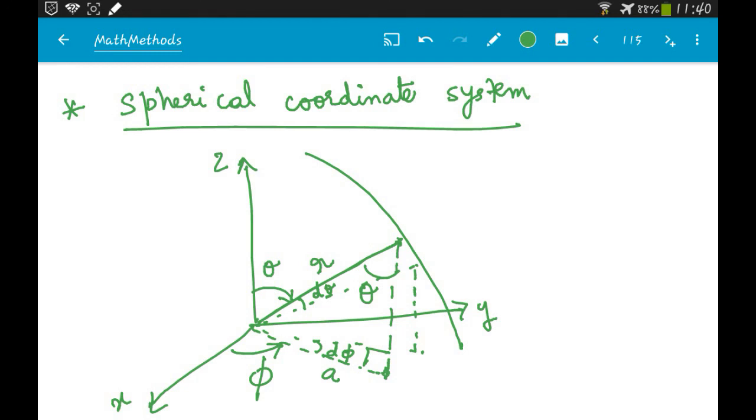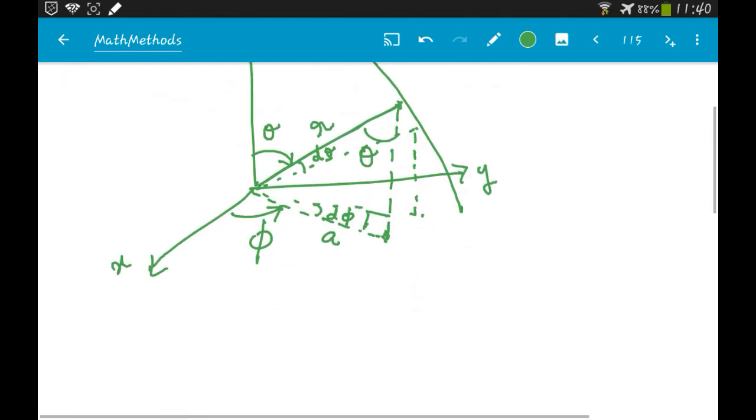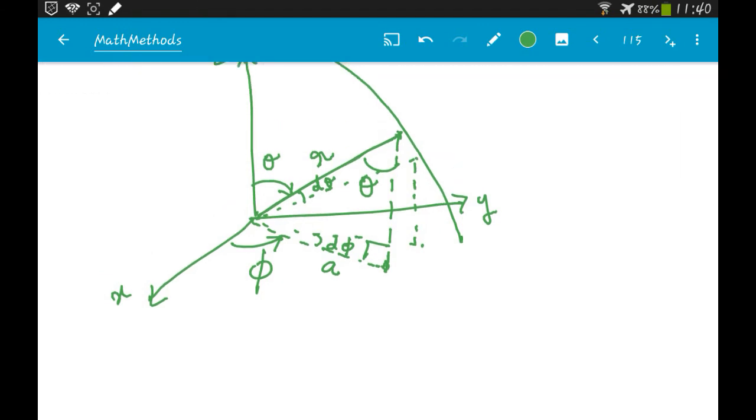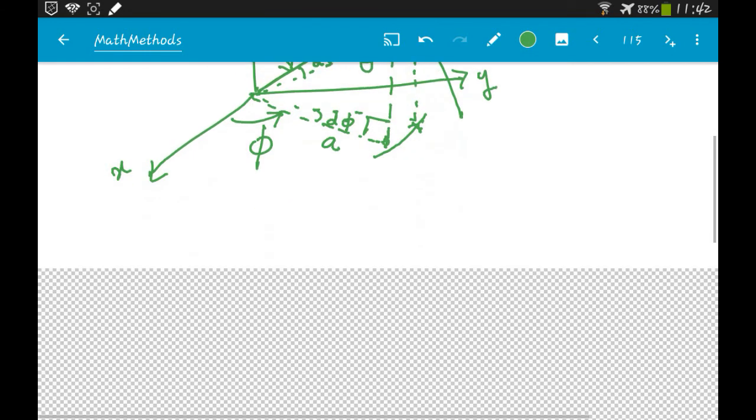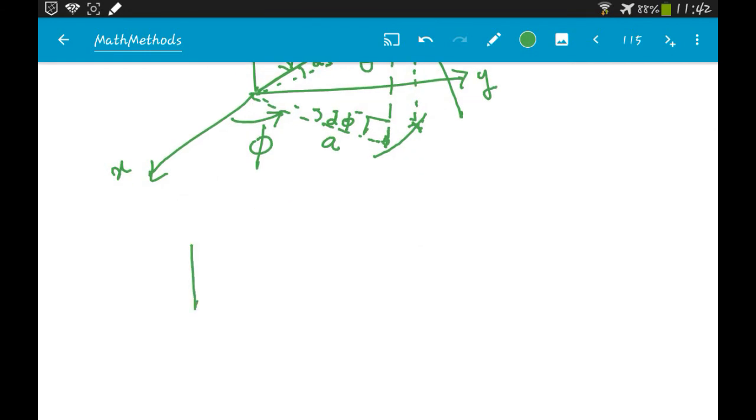So anyway, let's look at it one by one. We have the z axis, and this is our xy plane, and this is our vector r.